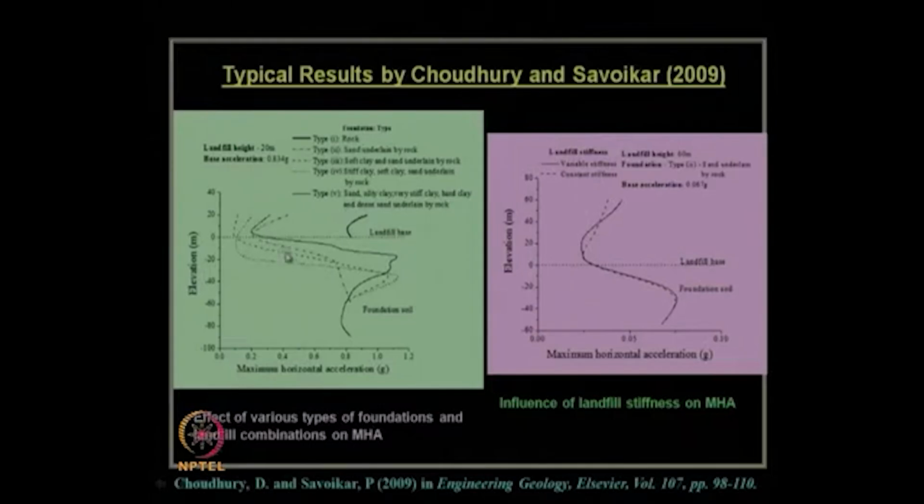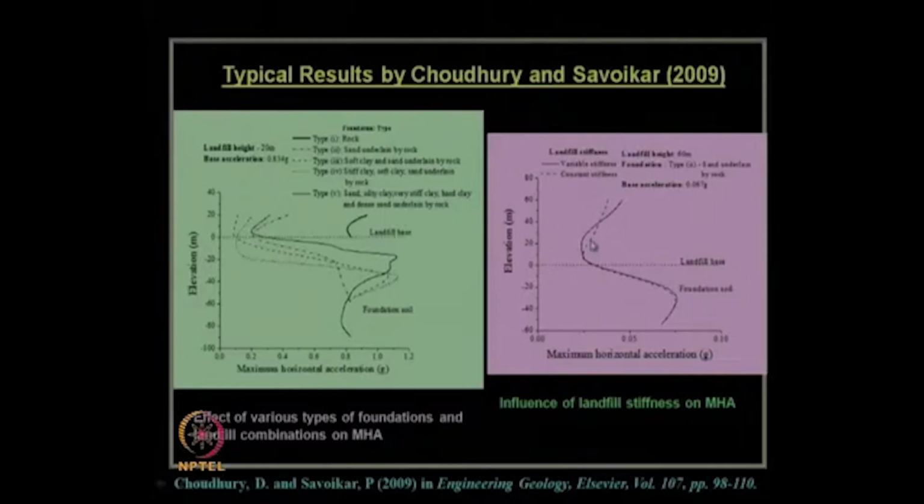Depending on the foundation soil, the behavior of the seismic amplification of this maximum horizontal acceleration within the landfill will also depend on it, as can be seen from these results. As well, you can see from this, if somebody considers the variable stiffness, this solid line shows the behavior of maximum horizontal acceleration within the landfill and in the foundation soil, instead of considering constant stiffness.